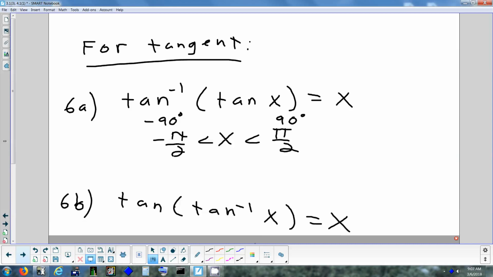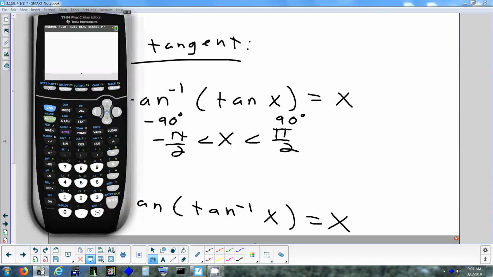Now, formula 6b, this restriction is a little trickier to figure out because I never showed you the graph of tangent. But I'll show you the graph, and remember that restriction is how high and low the graph goes. Okay, so let's take a look. I'll get rid of the other stuff so we're not looking at 4 things at the same time. So tangent is a very different looking graph than the other ones.